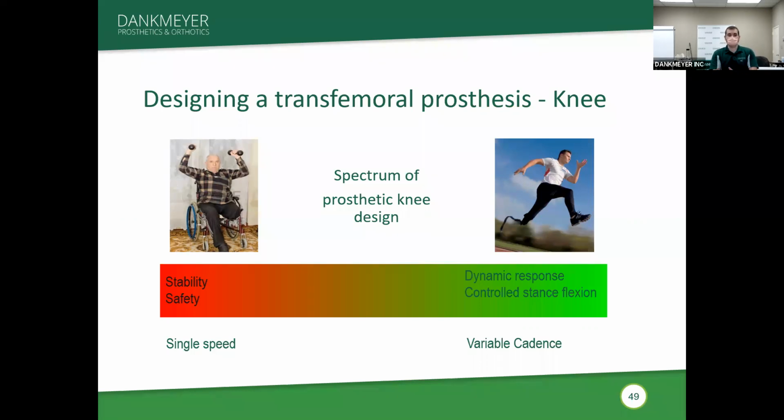And then again, as you move up, you get access to more dynamic components. So you have to think about it as in, the lower functional level patients, we're talking single speed. And then as you move up to requiring more dynamic response, more controlled stance flexion, then you're moving into higher functional knees and variable cadence.